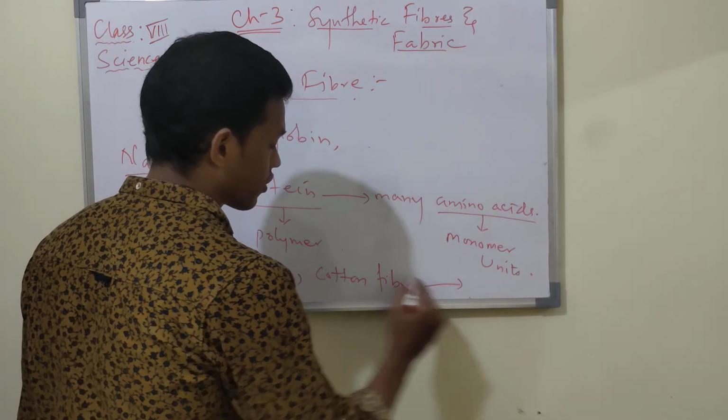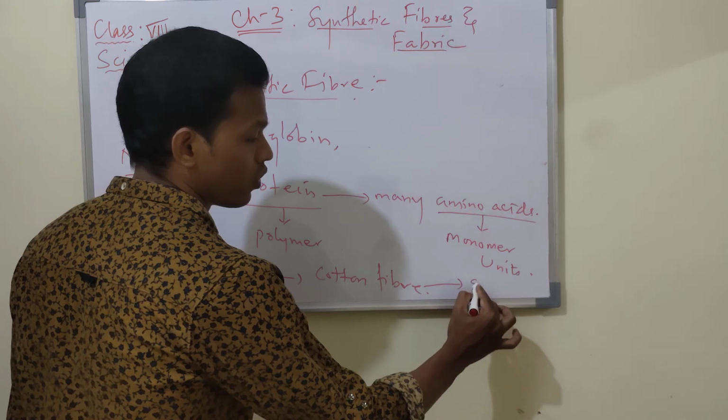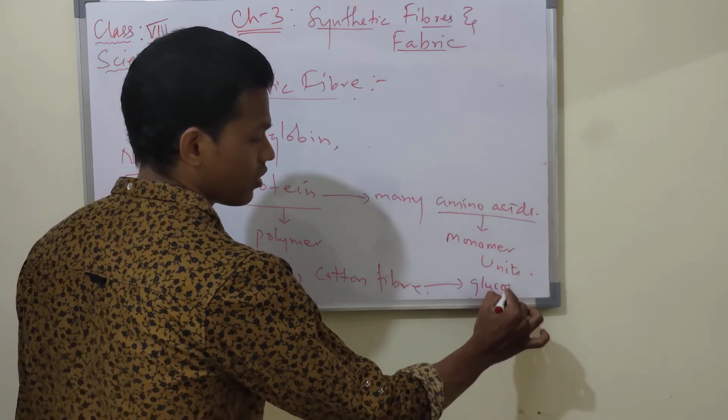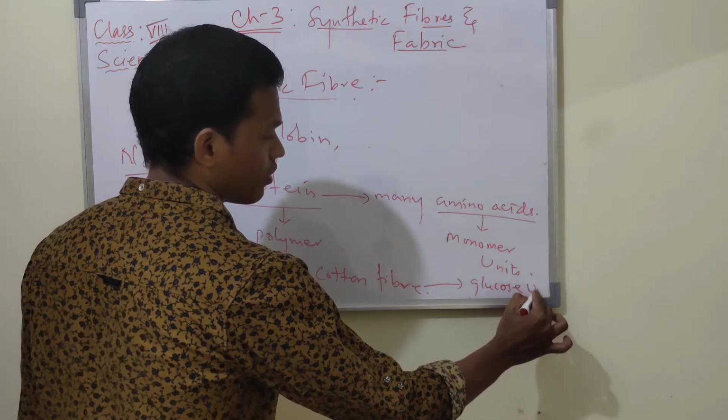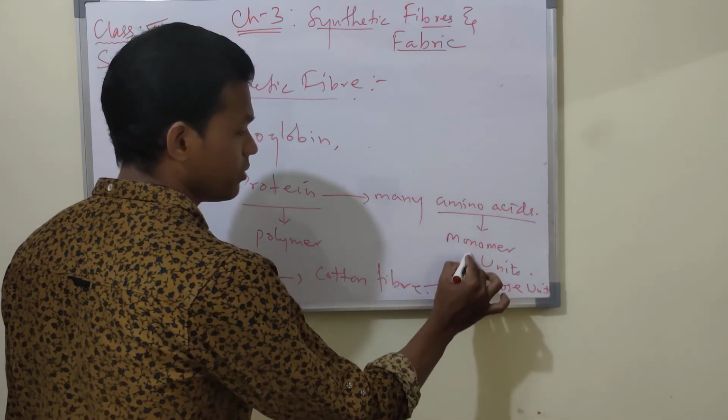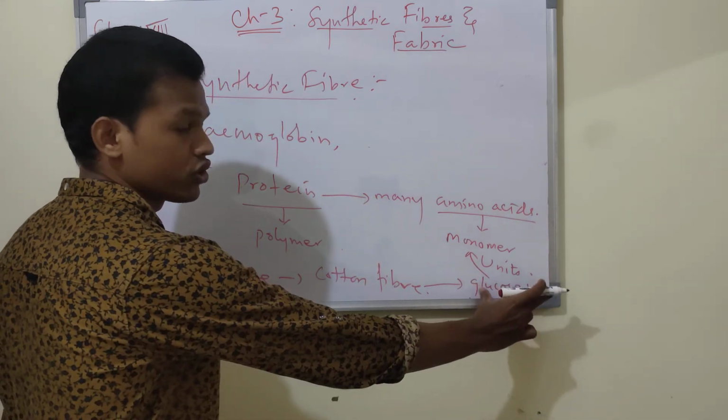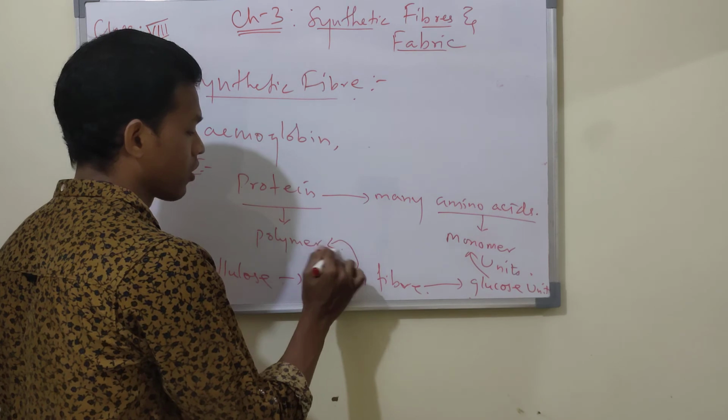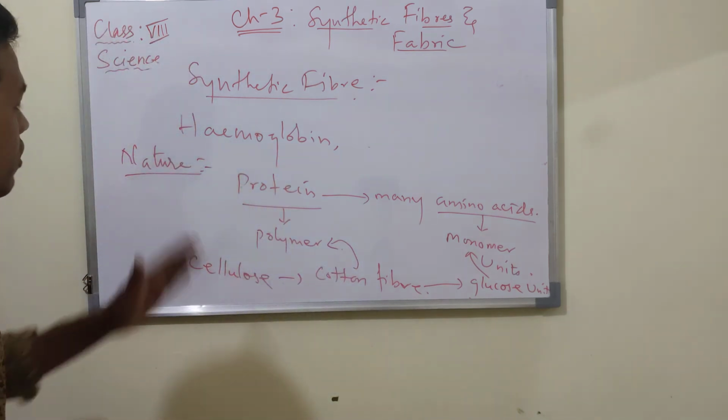These cotton fibers are made from glucose units. Here glucose means monomer. A large combination of glucose units forms a cotton fiber. Cotton fiber is a polymer. So in nature also this takes place.